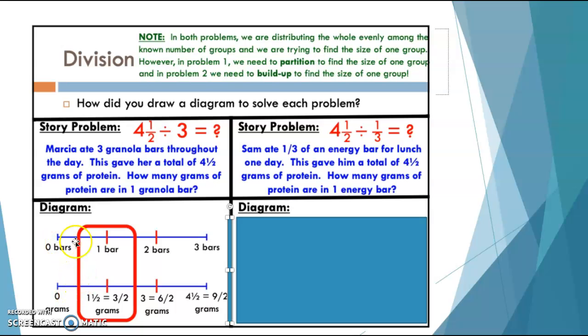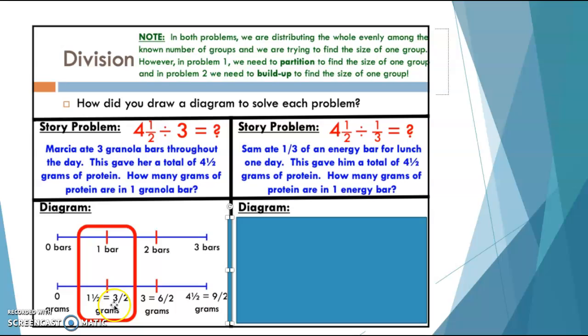Right, so she ate 3. 1, 2, 3. This gave her 4.5 grams of protein, 4.5 equaling 9/2. Right? So if we backtrack, 1 bar, 1.5, or 3/2 grams, 2 bars, 3, or 6/2 grams, 3 bars, 4.5, 9/2.